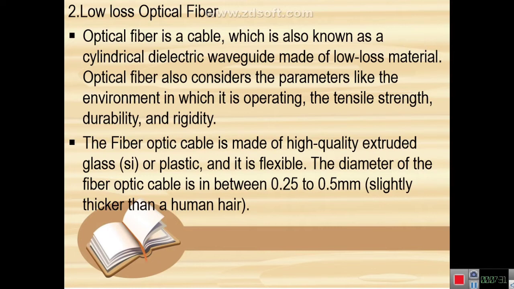The diameter of the fiber optic cable is between 0.25 to 0.5 millimeter, which is slightly thicker than a human hair. Depending on the application's wavelength, the material composition of these devices varies. These materials include silicone, germanium, and etc.